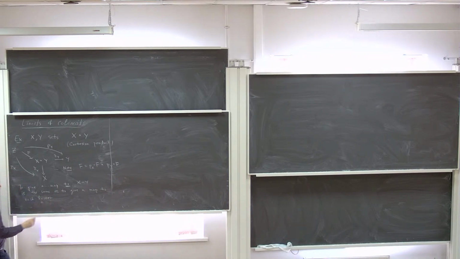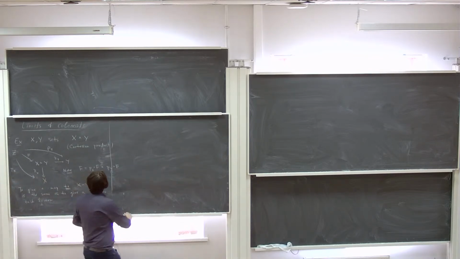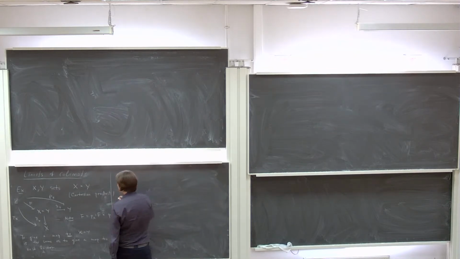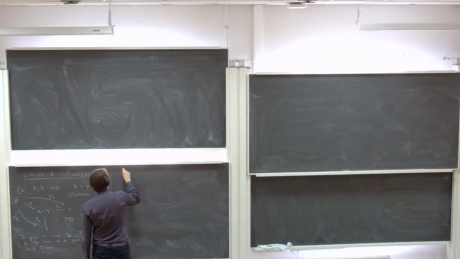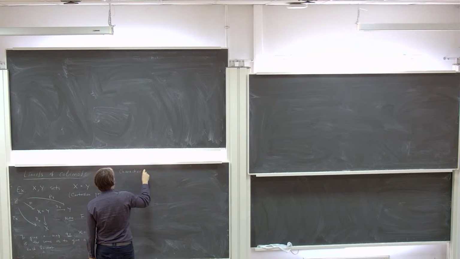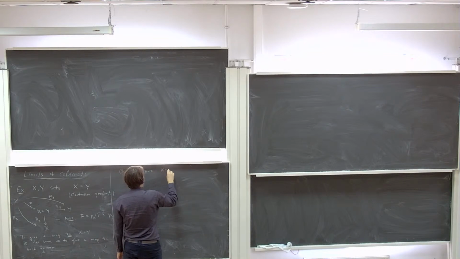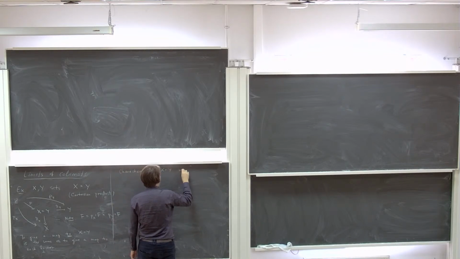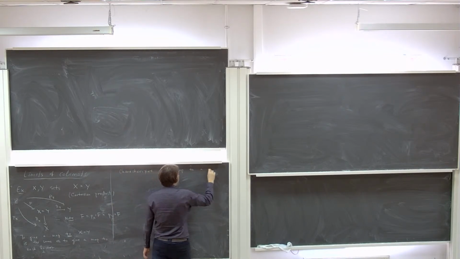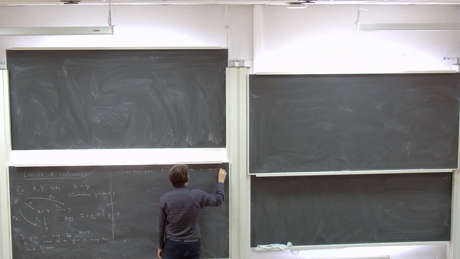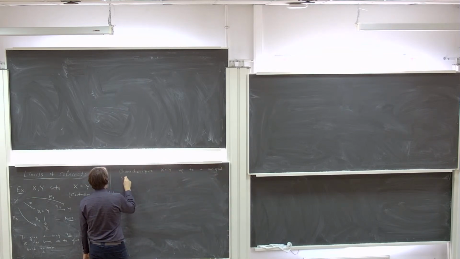And this is a fact so familiar that you probably never think about it explicitly. And this characterizes the product as a set up to isomorphism. Up to a unique isomorphism.